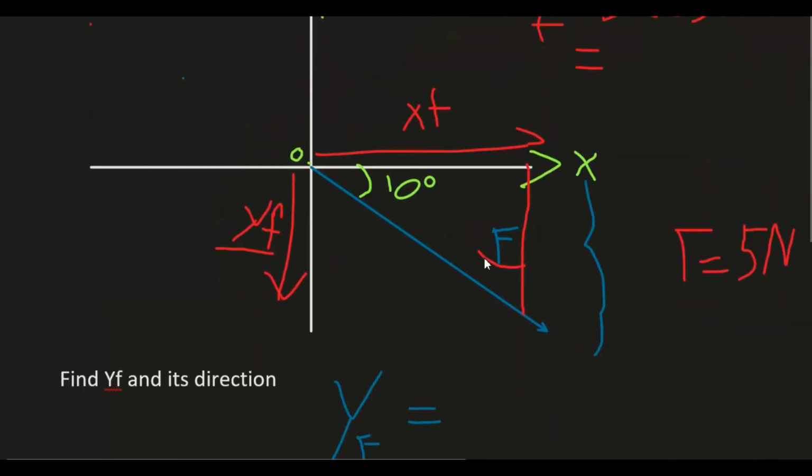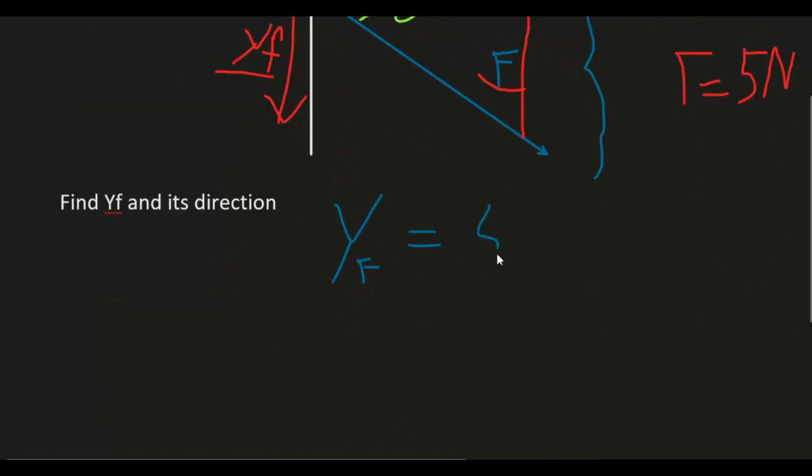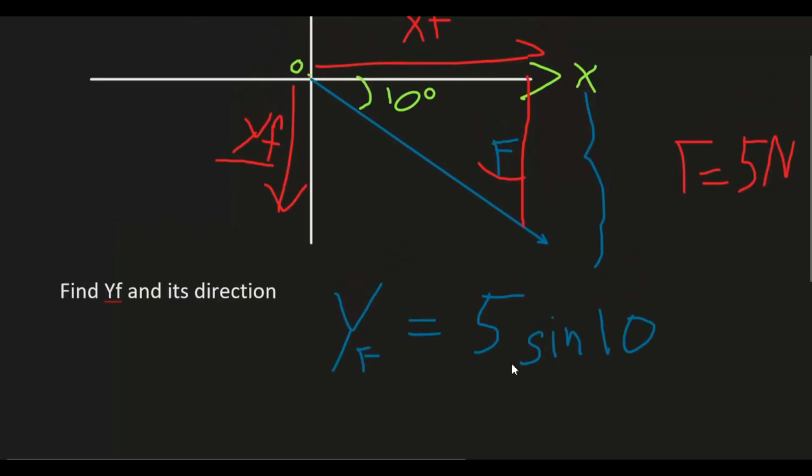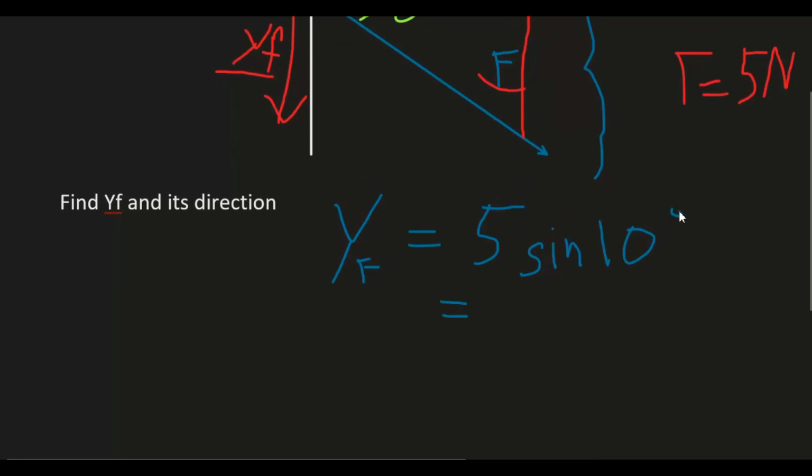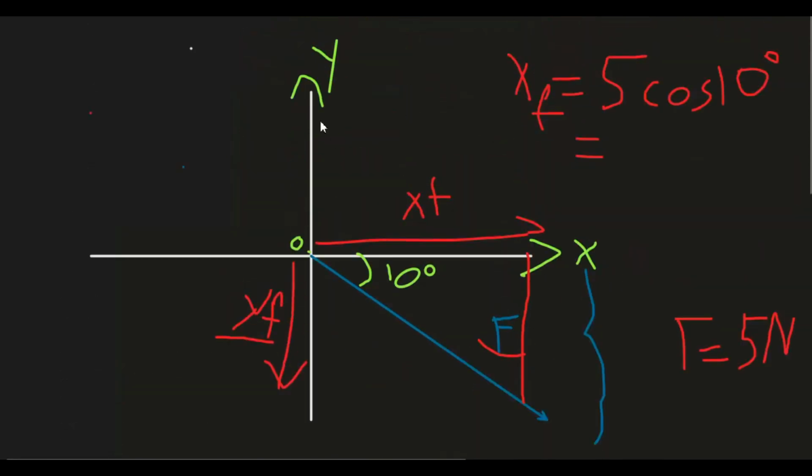Which formula? We will be using sine theta, right? So we can write 5 sine theta, theta is 10 degree here. So the value will be 5 sine 10 degree. Now what about direction? We know that this is the positive y, right? And this direction is definitely the negative.